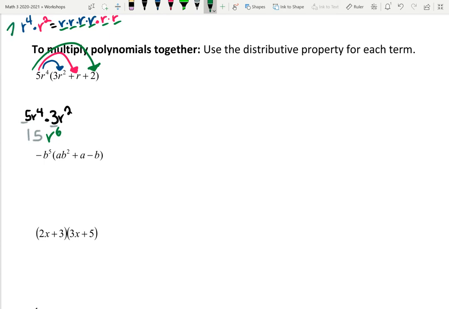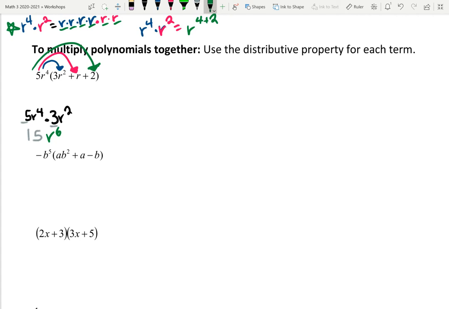I just want to show you how a little bit of logic can go a long way in remembering some of the laws in mathematics. Remember, write things out in expanded form. So that was just a quick review. Essentially, when we multiply exponents, we are adding them. It's going to be r to the 4 plus 2. This only works when they're the same variable.